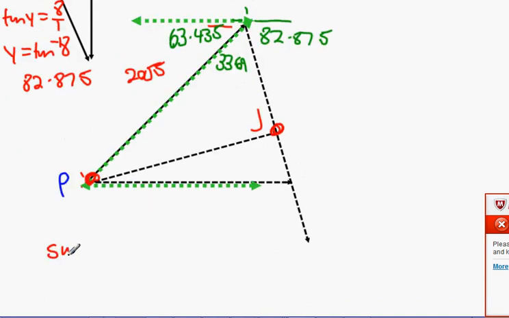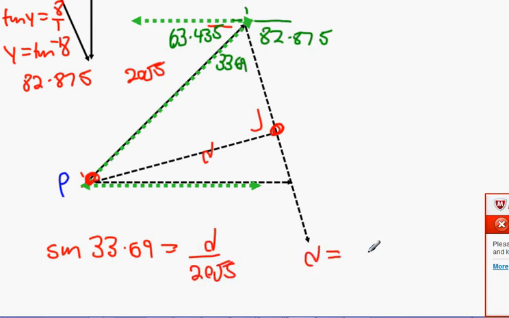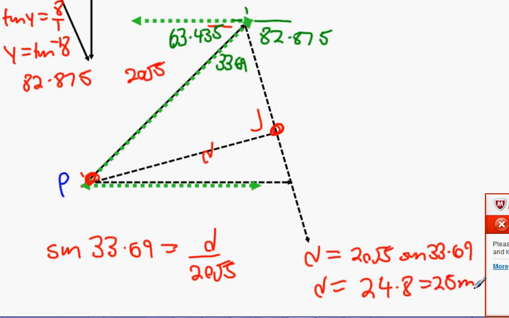Sine 33.69 equals, call it d over 20 root 5. d is going to equal 20 root 5 sine 33.69, and what do we get? 25. Or 24.8, is it? To the nearest meter, which gets me 25 meters.